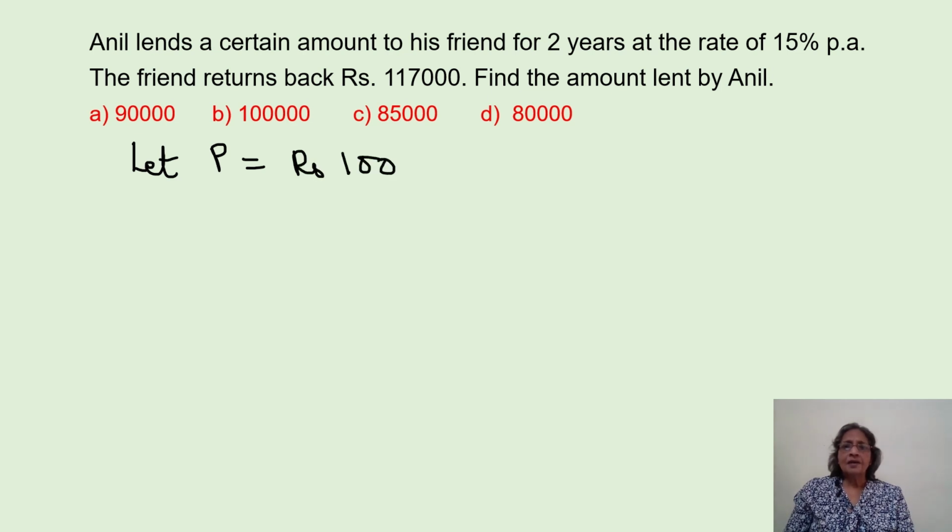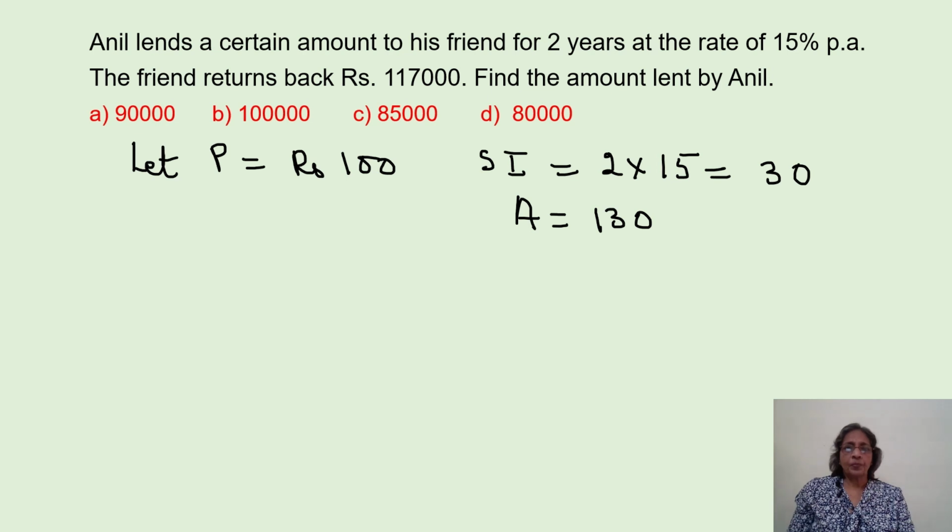Now, how much is the simple interest? Now, when it is 100, if it is 15%, so 15% would be 15 rupees, and for 2 years, it would be 30. So, how much is the amount now? 130. So, if the amount is 130, the principal is 100.